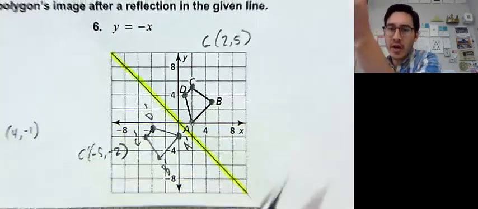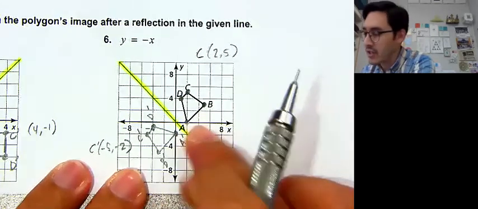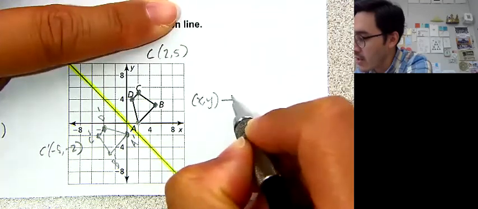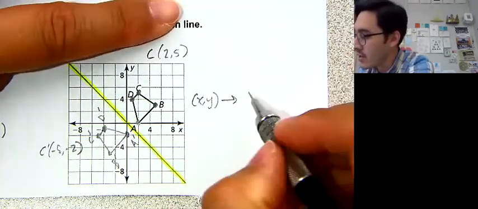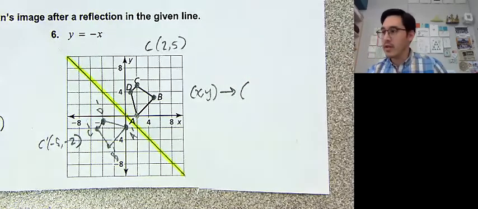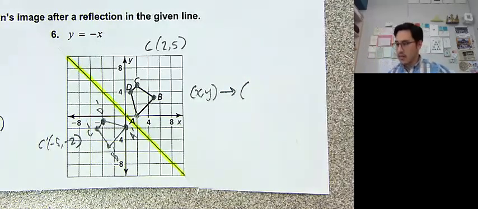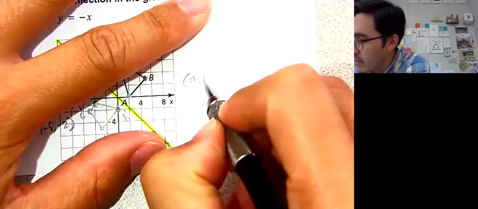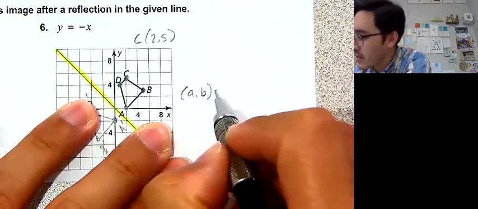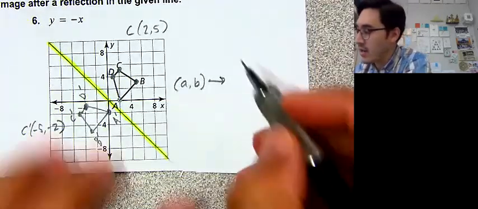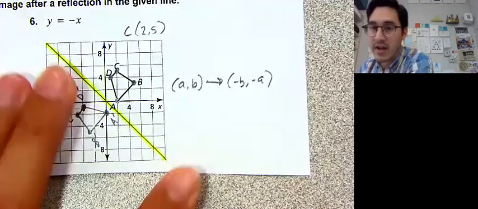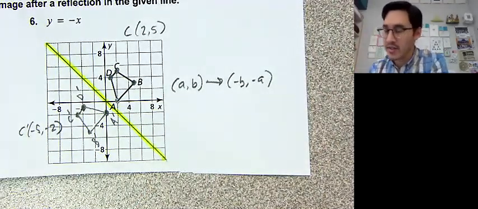All right, so we can actually come up with rules here for this kind of reflection. We could say for any coordinates x, y, if you reflect across this line, maybe I shouldn't use x and y because that is a little bit misleading. We should use A and B, like how the book does. Okay, so if I have a pre-image with coordinates A and B, and I reflect across this line, then the reflection will have coordinates -B, -A, okay? I swap their positions and I change their signs.